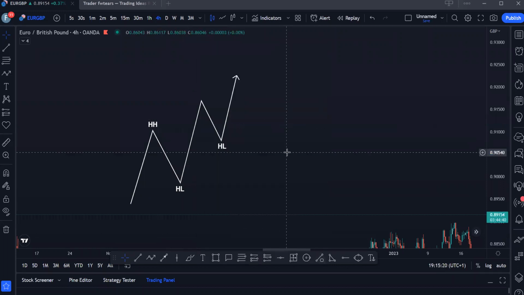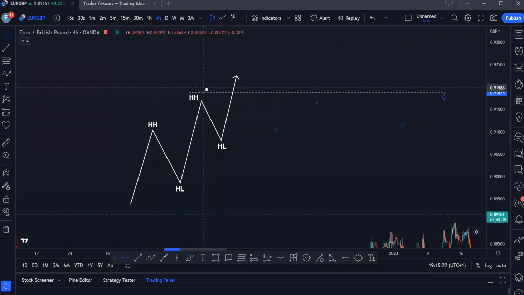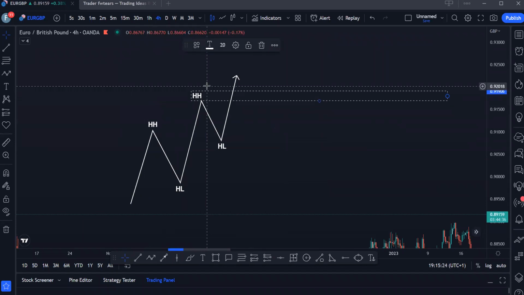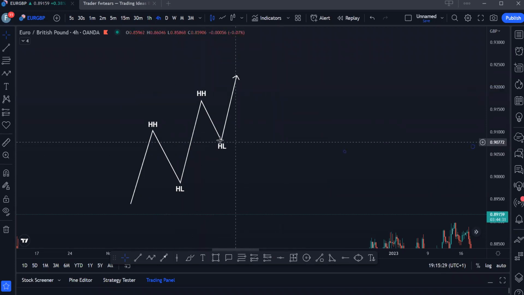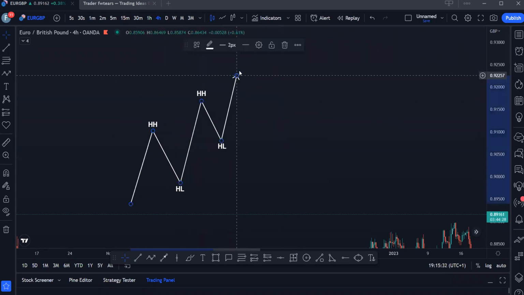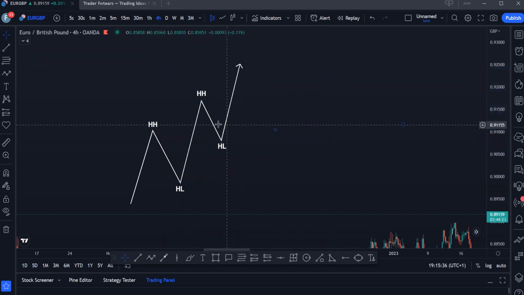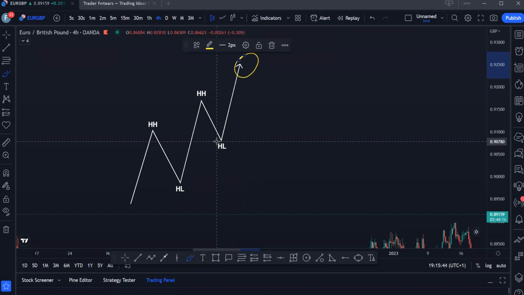For price to shift from an uptrend to a downtrend, structure has to be broken. And the closest structure to where price is, which is here right now, is this higher low here. So we will say that price has shifted from uptrend to downtrend when price breaks this higher low.